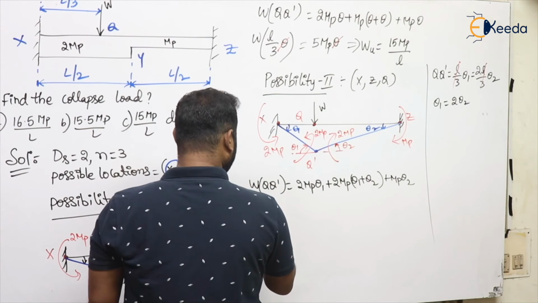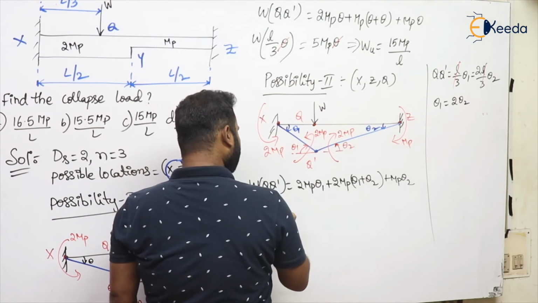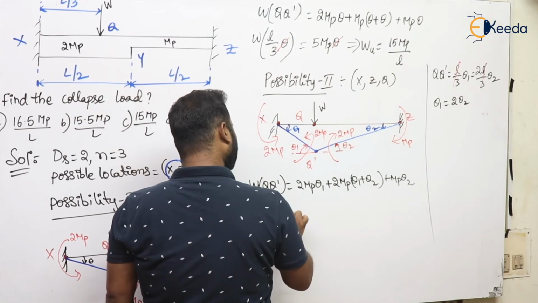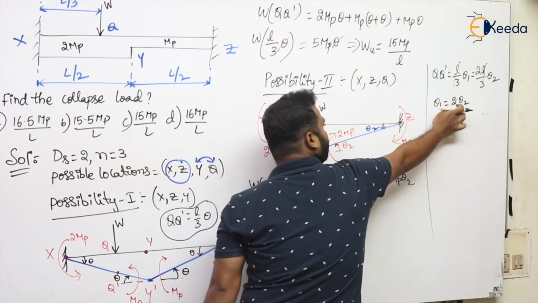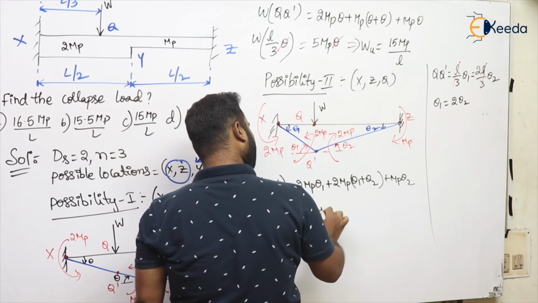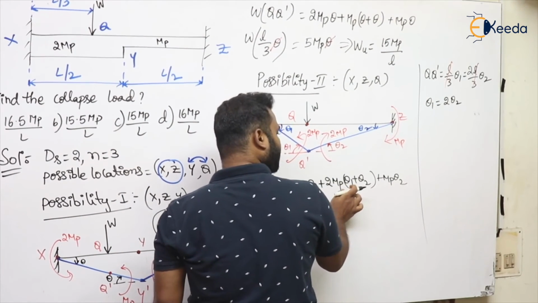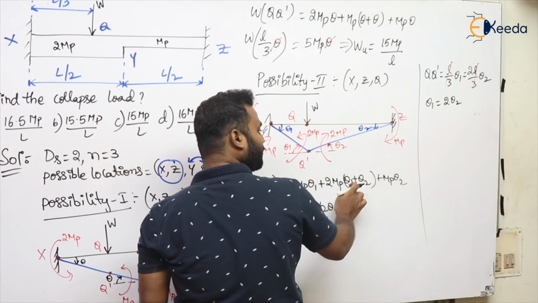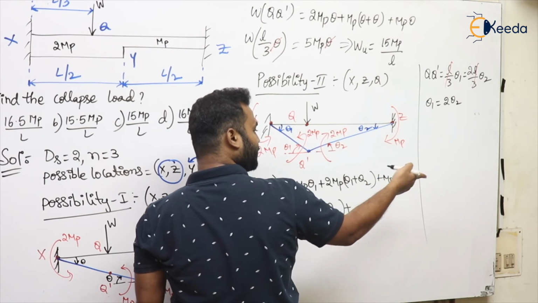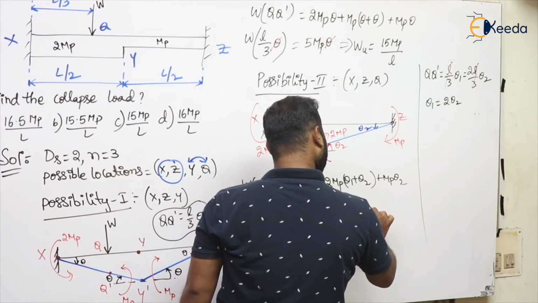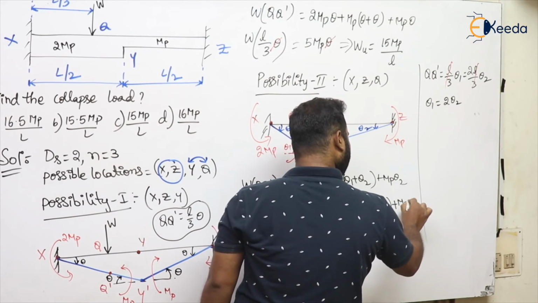Now W QQ dash. Write QQ dash in terms of theta 2: 2L by 3 theta 2 is equal to, now here theta 1 is there, substitute 2 theta 2. So 2mp 2 theta 2 plus 2mp, 2 theta 2 plus theta 2, that is 3 theta 2, plus mp theta 2.